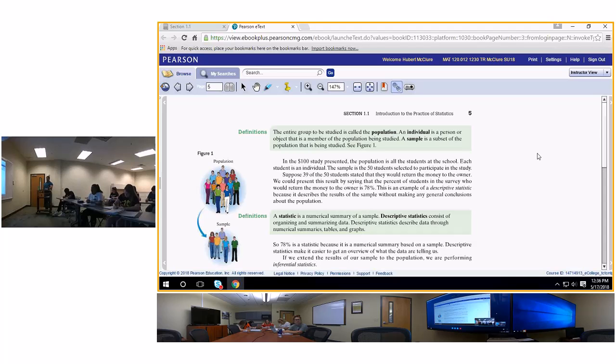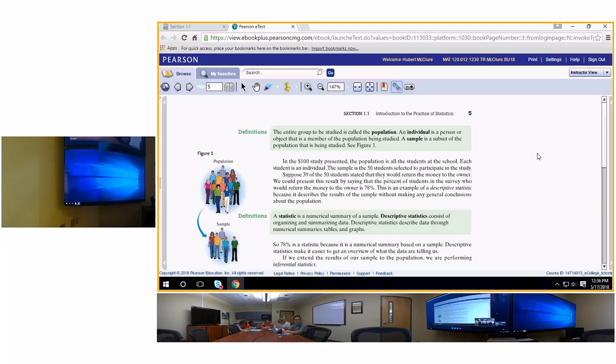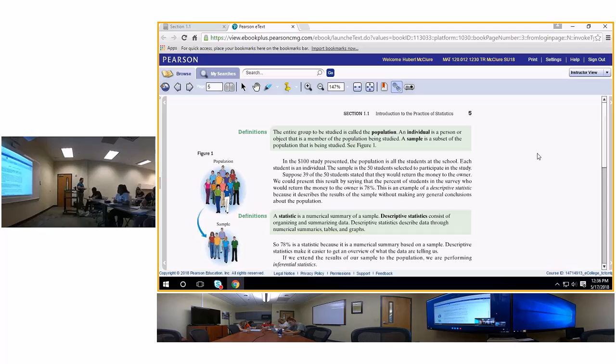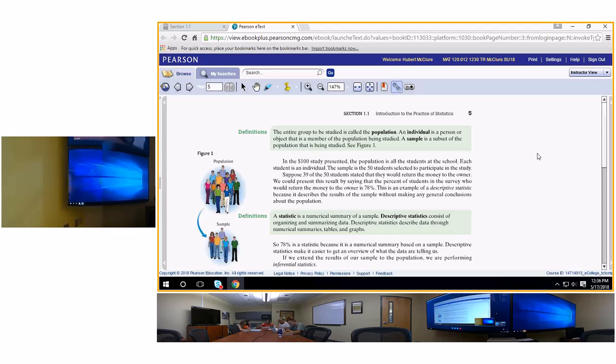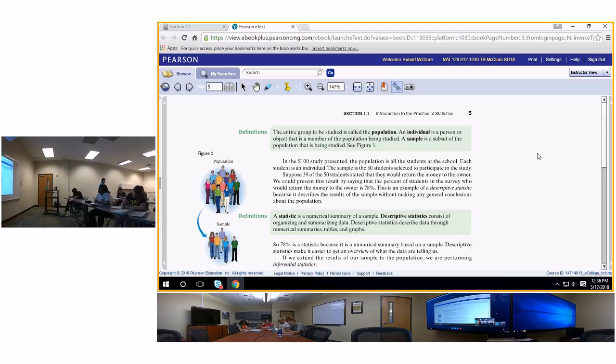So what you want to do is you want to use a sample. A sample would be maybe surveying just the Anderson campus, or maybe surveying just the Oconee campus, which will open in the fall, or maybe the Easley campus. But the main thing you need to realize is that the sample is always going to be smaller than the what? Than the population. The population is the big set. The sample is the small set.